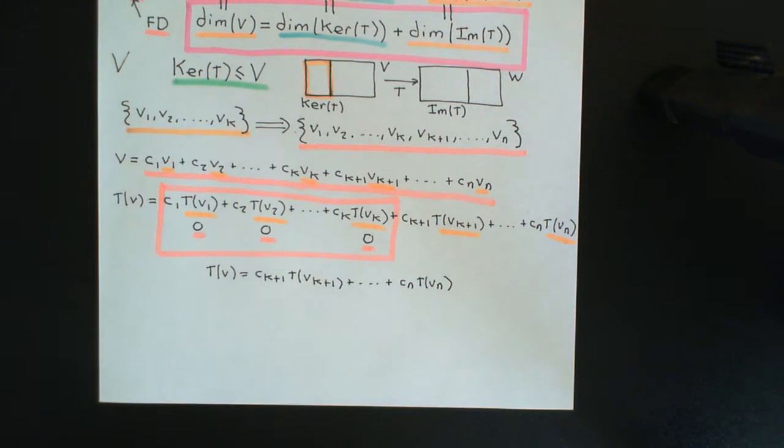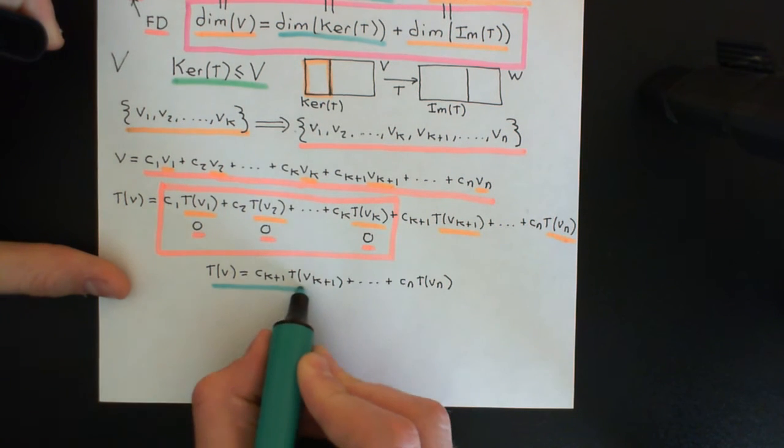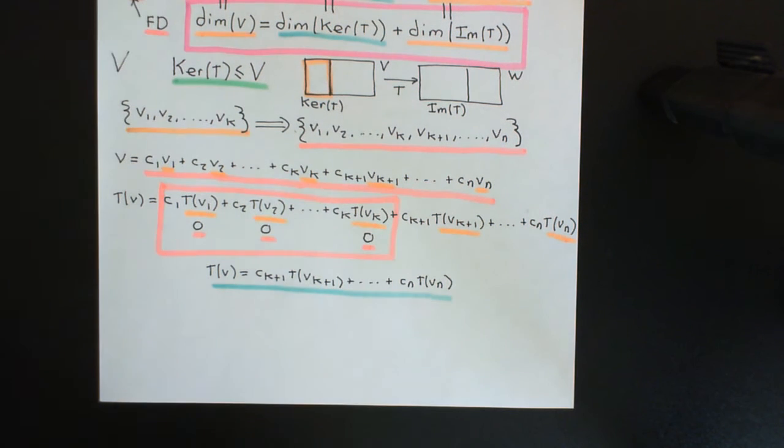Okay, so all that matters is where those basis vectors that were outside of the kernel of T are actually going to be sent to by the linear transformation. And I've now shown that any vector in my vector space is going to be sent onto a linear combination of those. Okay, so this will then be my next claim.